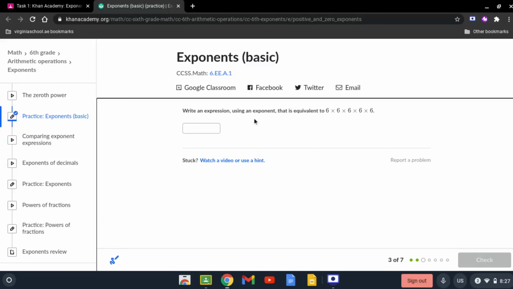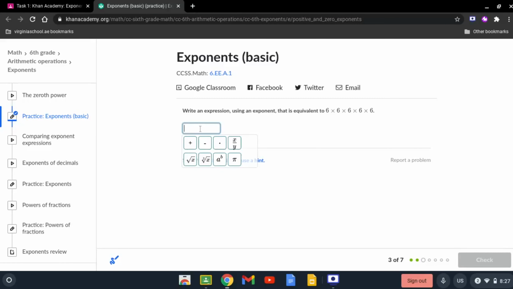Write an expression using an exponent that is equivalent to 6 times 6 times 6 times 6. Again, it's the same as the other one with the expression and exponent, but now we just want to count how many times 6 has been multiplied by itself. So 1, 2, 3, 4, 5. So it's 5 times.